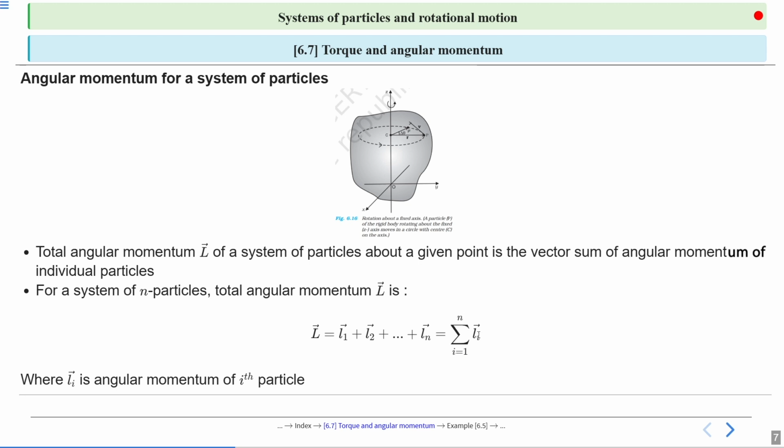If we put i equal to 1, 2 and 3, it will again take the form like this. Li is the angular momentum of the ith particle. This is the vector sum of the angular momenta of the individual particles. So remember this.